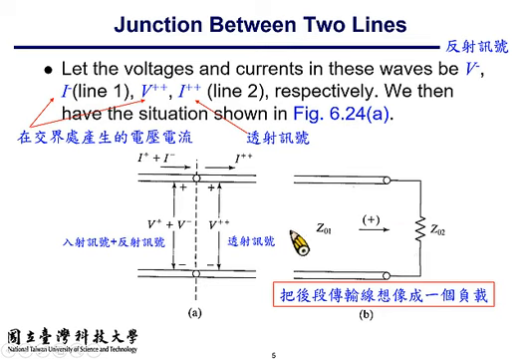And from the perspective of the first transmission line, the reflection property should be the same as long as the impedance of the equivalent termination, the equivalent resistor, is the same as the characteristic impedance of the second transmission line.